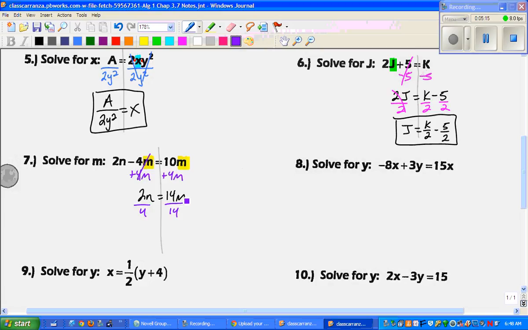Divide by 14, and we get 2 over 14, which can reduce to 1 over 7. So 1 over 7n equals m. Oh, and I forgot to highlight that that m was right there, so we still had stuff to do.